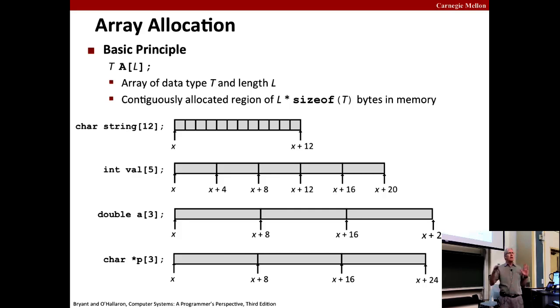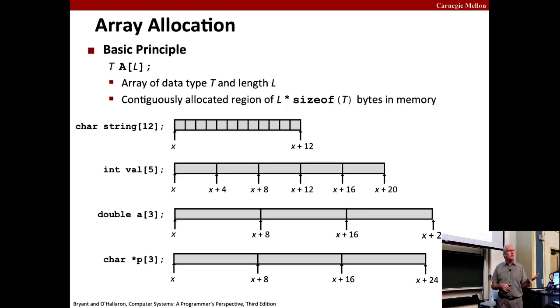If you have an array with n elements, then that's represented by enough bytes in memory all in one span to hold that much data. So if the underlying data type, say it's a char, is a single byte data type, to have an array of 12 chars takes 12 bytes.